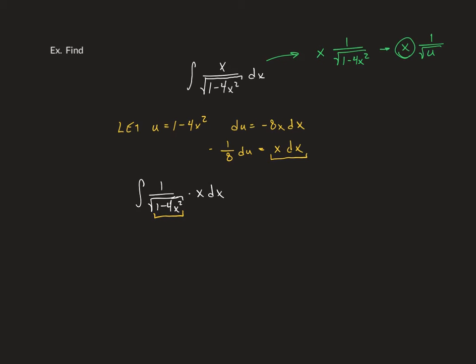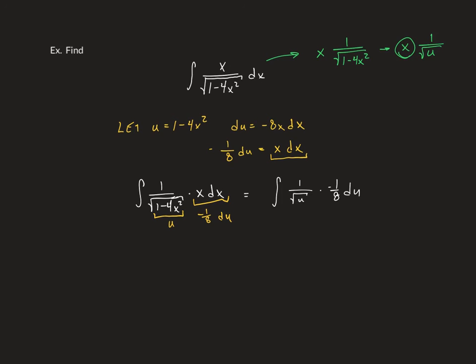This is u, and this is going to be the negative 1/8 du. Alright, so now I can rewrite this with my u substitutions. So it is the integral of 1 over the square root of u times negative 1/8 du.